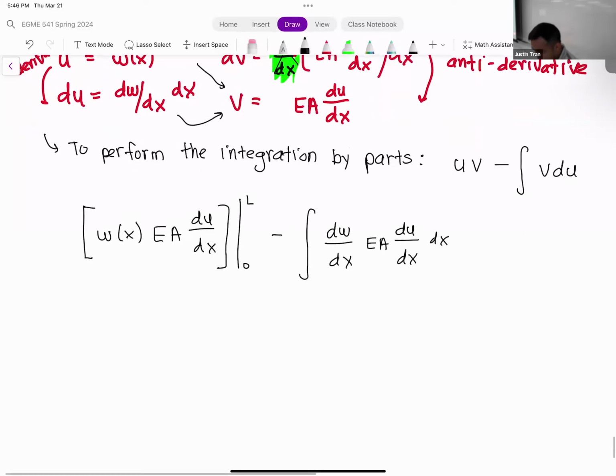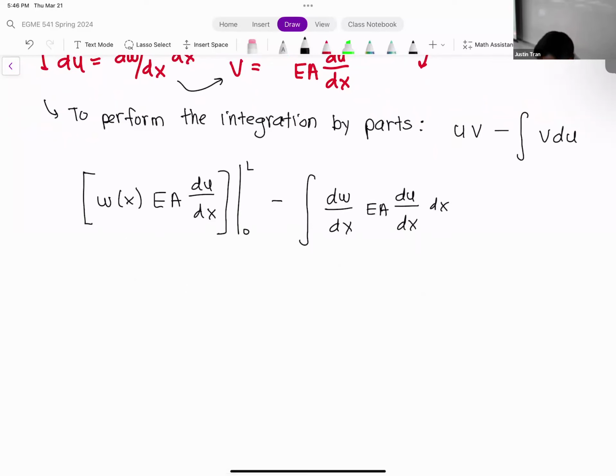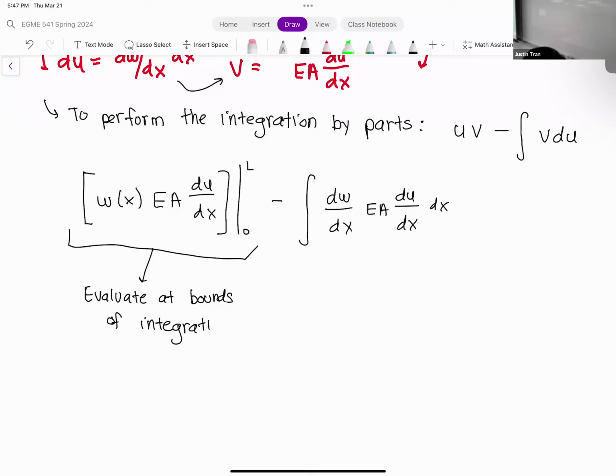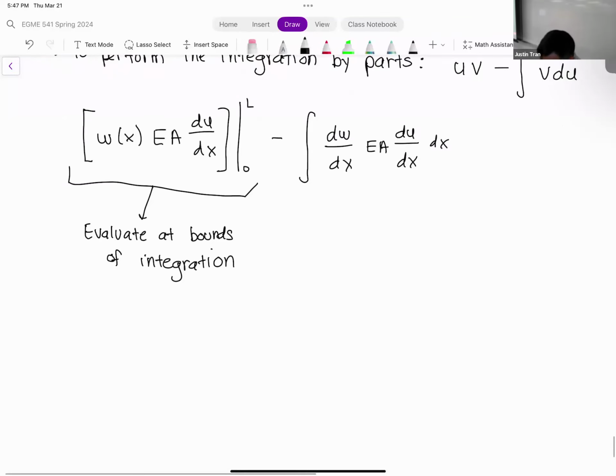Before we do that, though, let's evaluate this term, because now that this term is completely resolved, we can evaluate it at the bounds of the integration. We're going to evaluate it at x equal to L first.